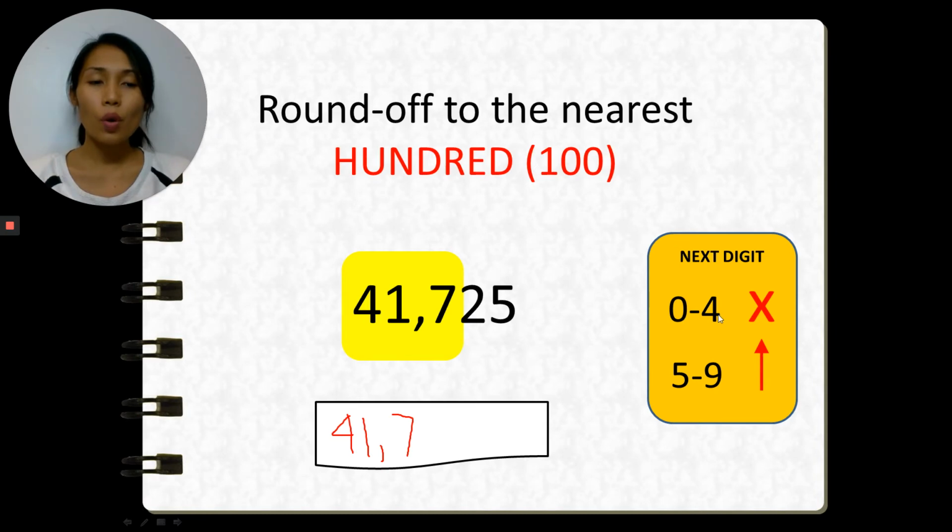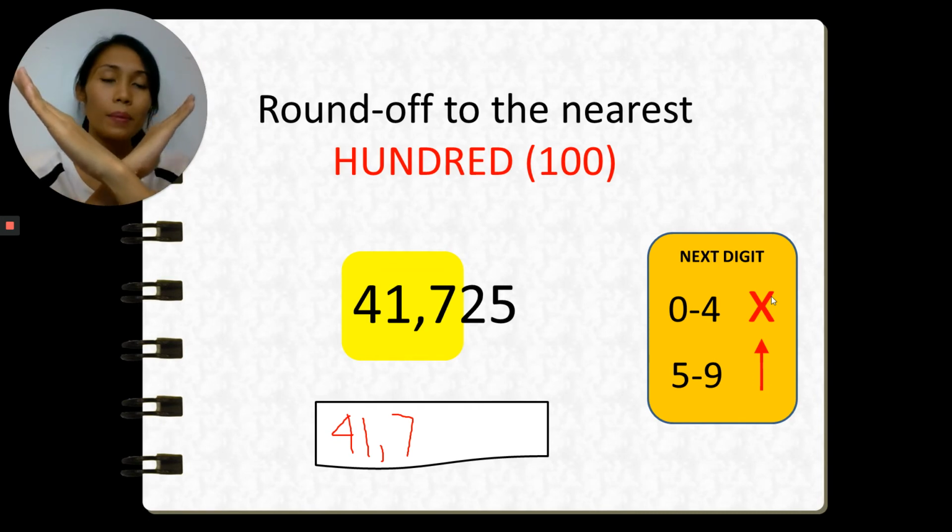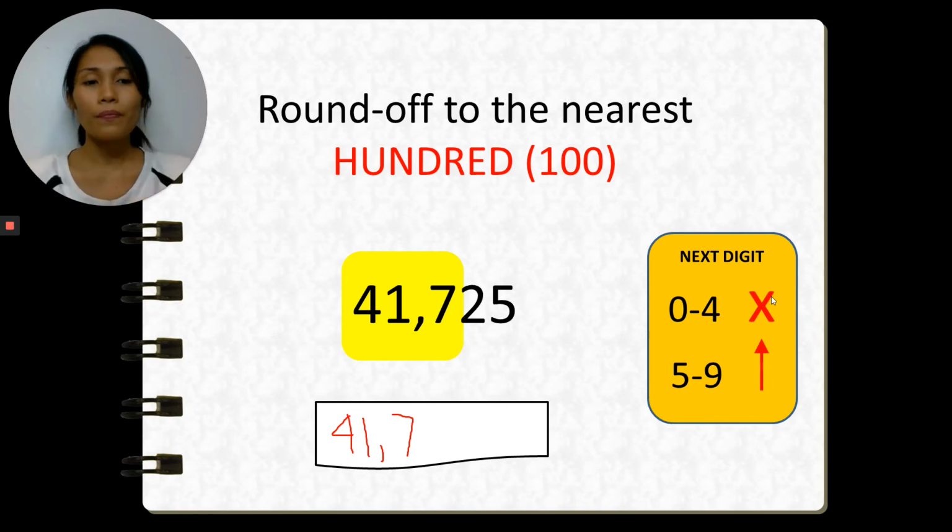If the next digit is 0 to 4, then don't do anything. Do not plus. Do not minus either. Just stay put. But if the next digit is 5, 6, 7, 8, 9, you have to raise or round it up. That means you plus 1, add 1 to this 100 place.